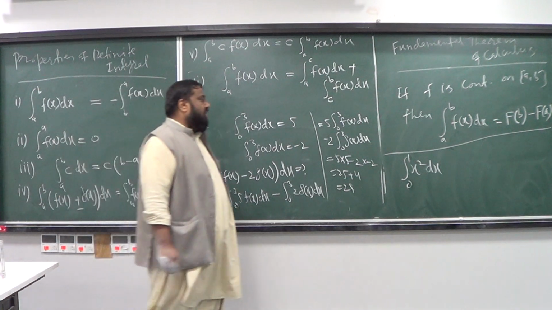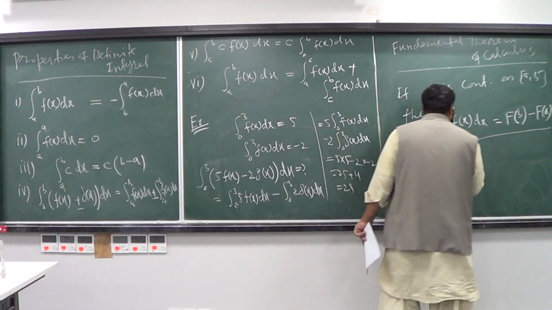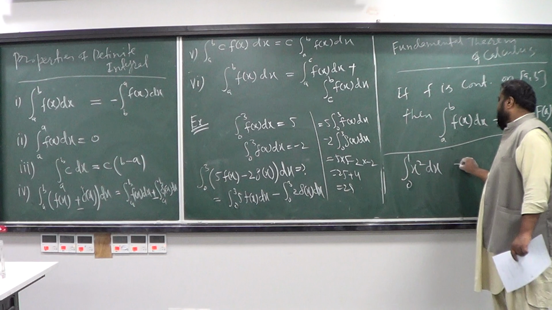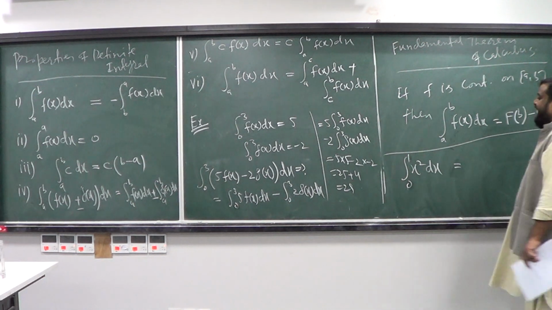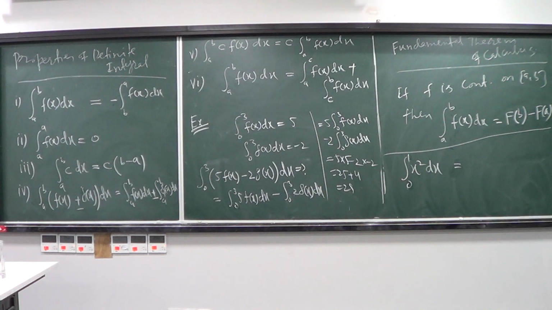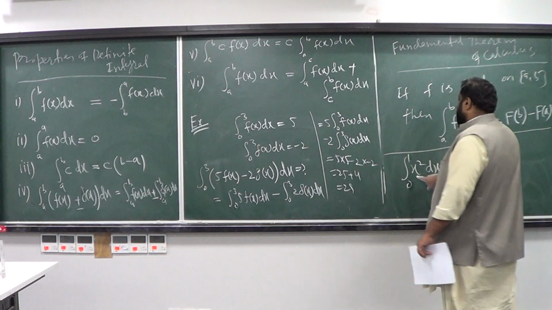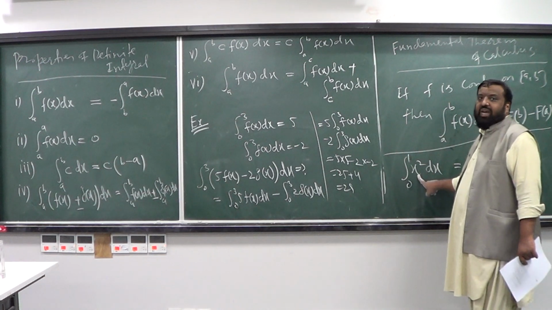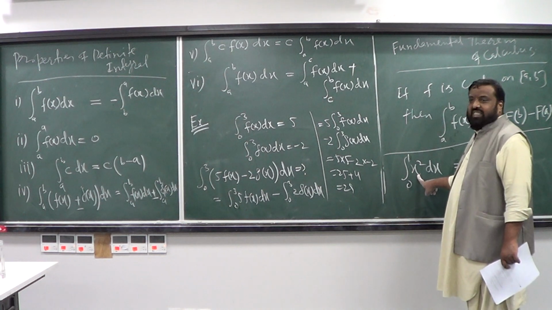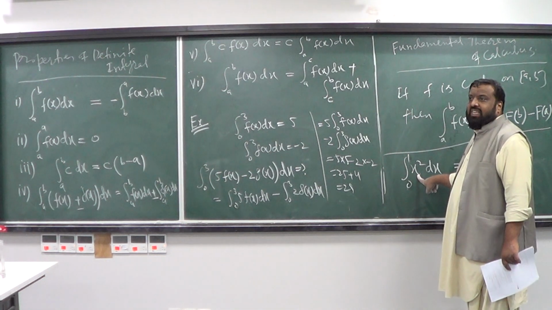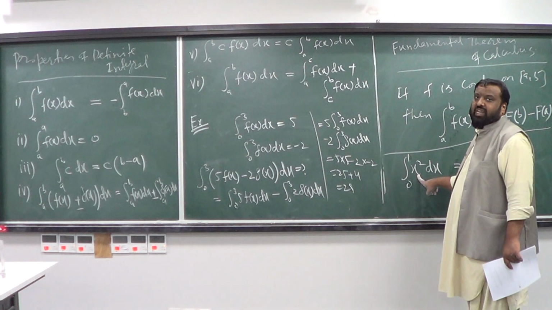So what do you need to do now? First you have to find the antiderivative of the integrand. What is the antiderivative of x squared? Yesterday we learnt that the antiderivative of x to the n is x to the n plus 1 upon n plus 1.